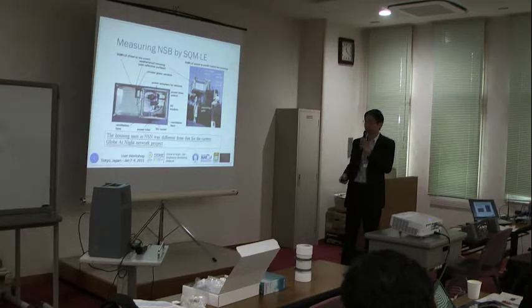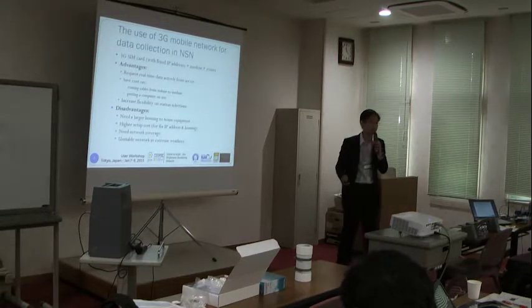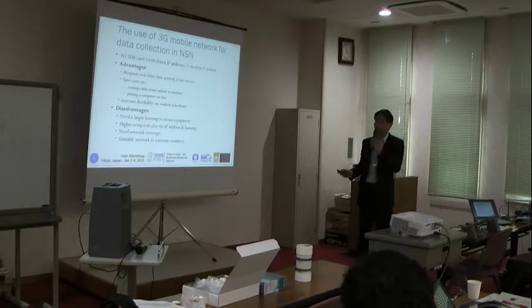But as Jason said before, we use 3G communication for data collection. Why? Because there are a number of advantages to using the 3G mobile network. We can request the real-time data from every station, and it saves our cost of routing cables from indoor to outdoor.